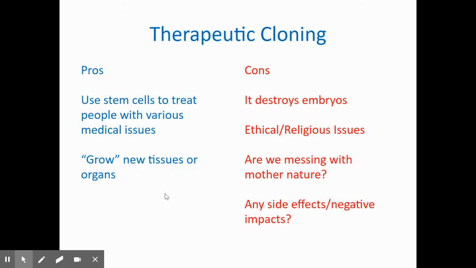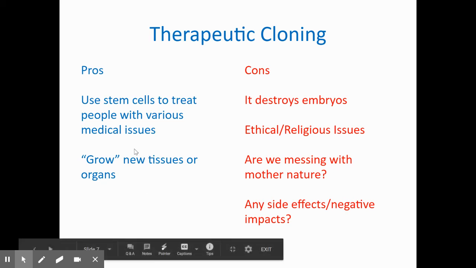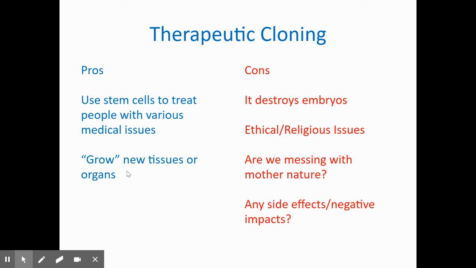Therapeutic cloning, looking at some of the pros and cons: we talked about cloning to get stem cells to treat medical issues. The other up and coming thing is this idea of organ engineering or tissue engineering, where we're using stem cells to actually grow a bladder in a lab, or growing heart tissue, for example.